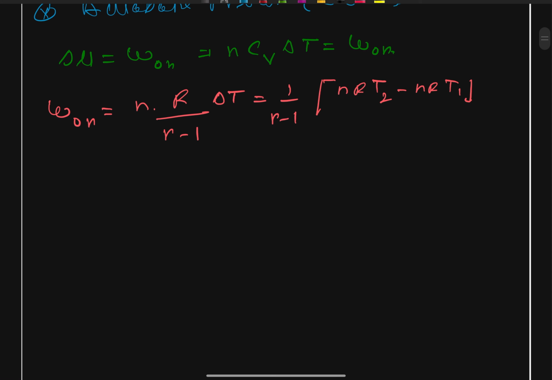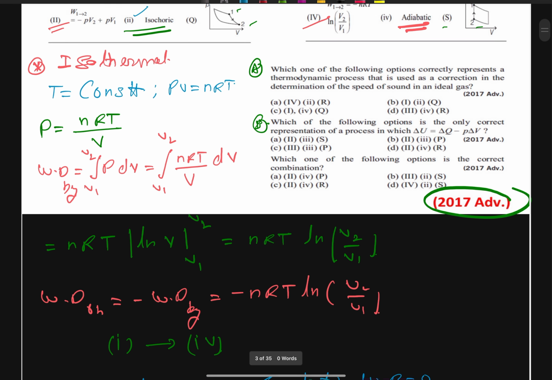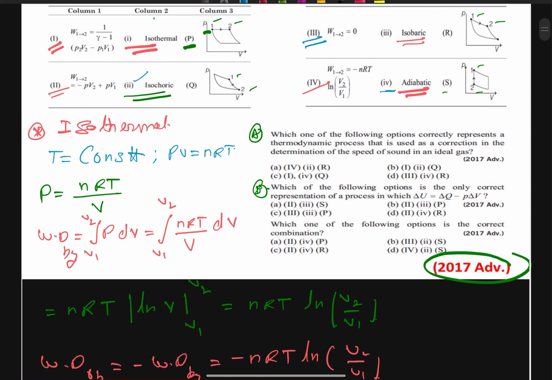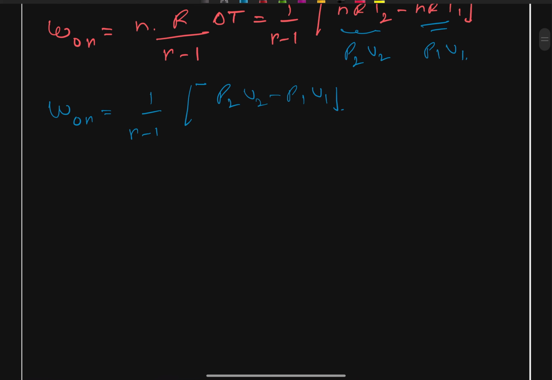So from the ideal gas equation, this will be P2 V2 and this will be P1 V1. Therefore we get the work done on the system as 1 upon gamma minus 1 times P2 V2 minus P1 V1. So we get that the fourth will be our first. So you can say our fourth matches with our first.